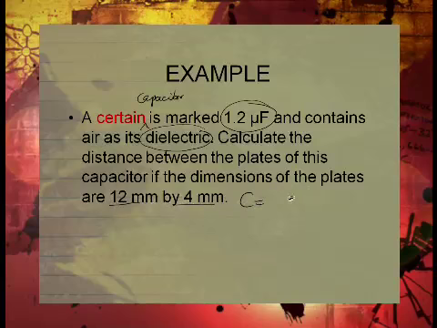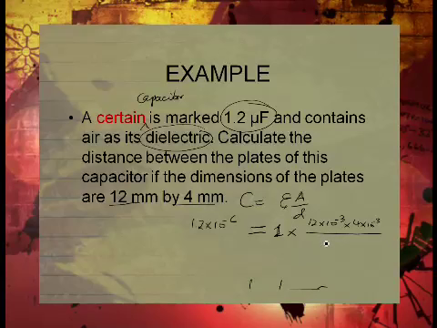Now, capacitance again, permittivity constant times A over D. Then if this is 1.2 microfarads, you're going to say 1.2 by 10 to the power minus 6 equals, E for free space is 1, times the area, 12 by 10 to the power minus 3 times 4 by 10 to the power minus 3, divided by D, which is the distance between the plates, what we're calculating for, so we'll put a D there.